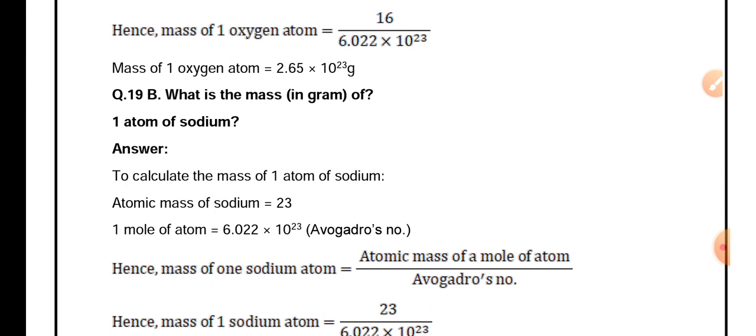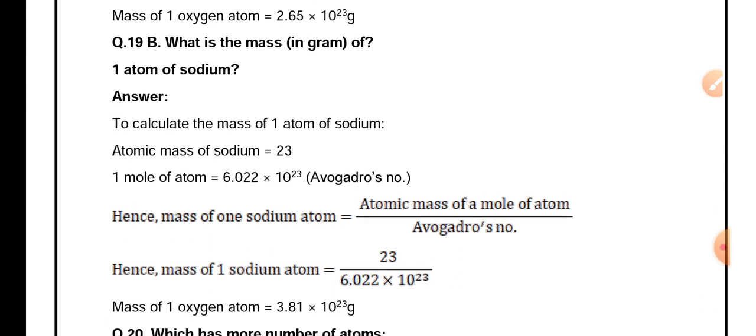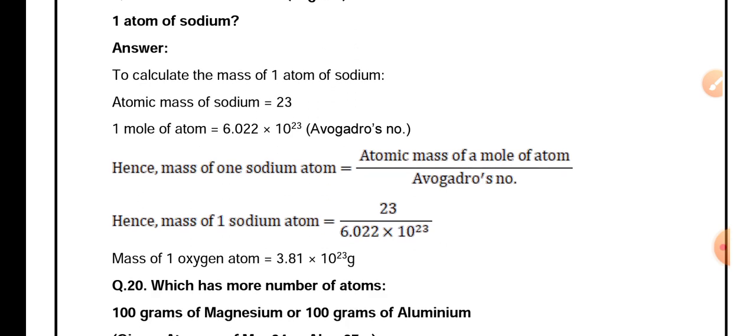Hence the mass of one sodium atom is 23 divided by 6.022 into 10 to the power of 23, which is 3.81 into 10 to the power of minus 23 grams.